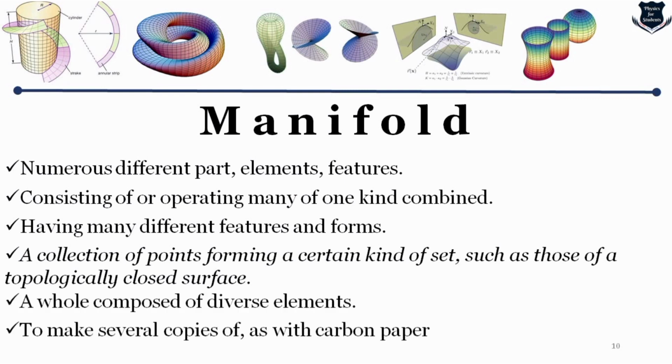And it is a whole composed of diverse elements. It even tells you to make several copies of, as with carbon paper. So a manifold, as you can understand, comprises elements which are combined, which has diversities and several other things. So this is basically the understanding of the word manifold.